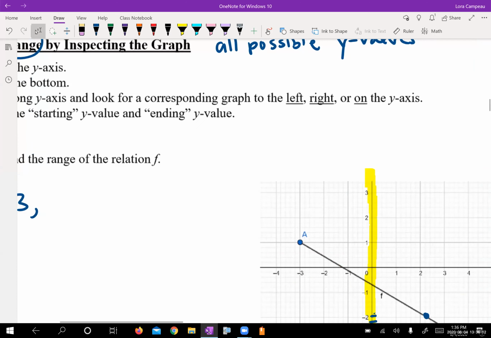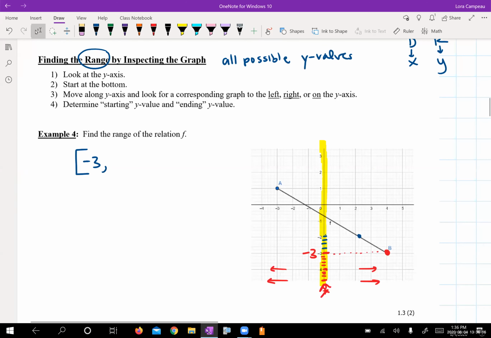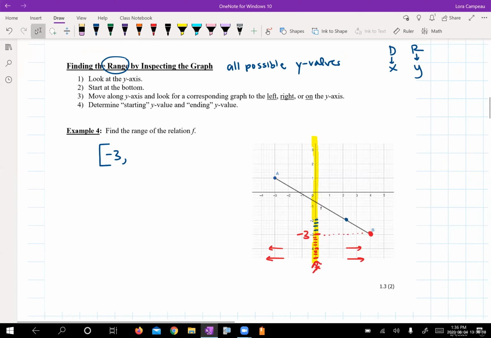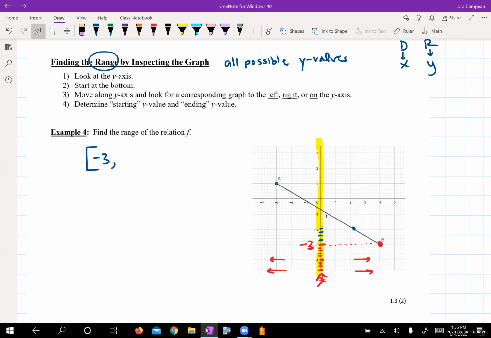Oops, got a little too zoomed in. You could even look before you get to -2, maybe at -2.5, and see that it has a corresponding x value to the right. So keep traveling. There's always a picture, or a graph, to the right.